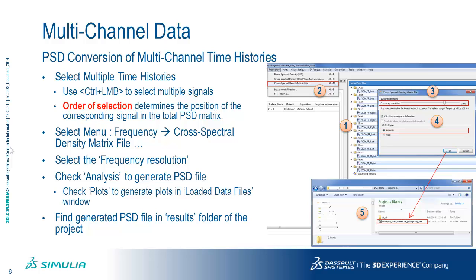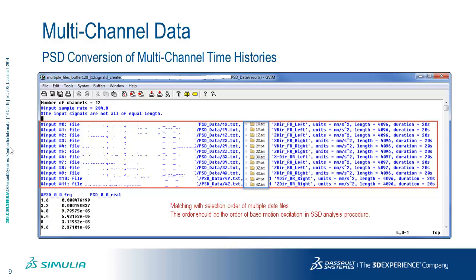But that order actually specifies the order of the matrix in the PSD. So if you select in the order of, let's say, 1x, 1y, 1z, 2x, 2y, 2z, then your P00 is 1x, P11 is 1y, and so on.